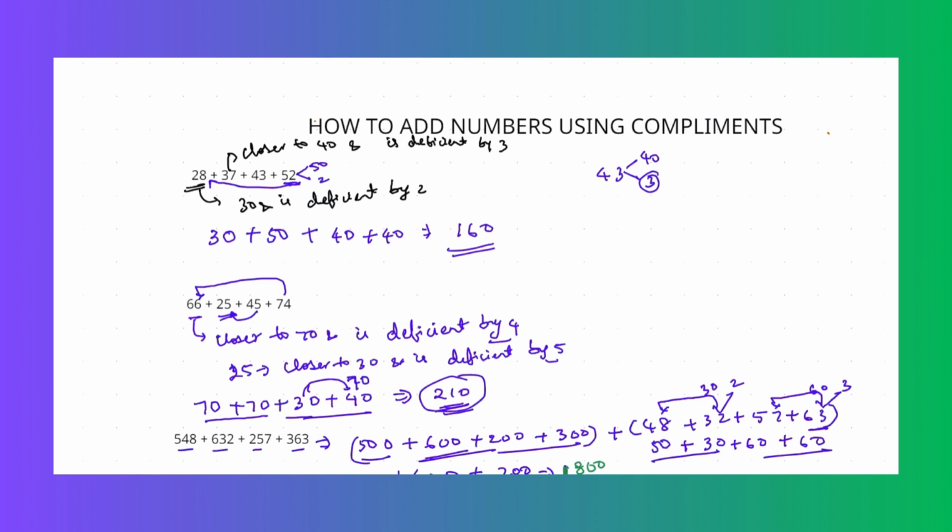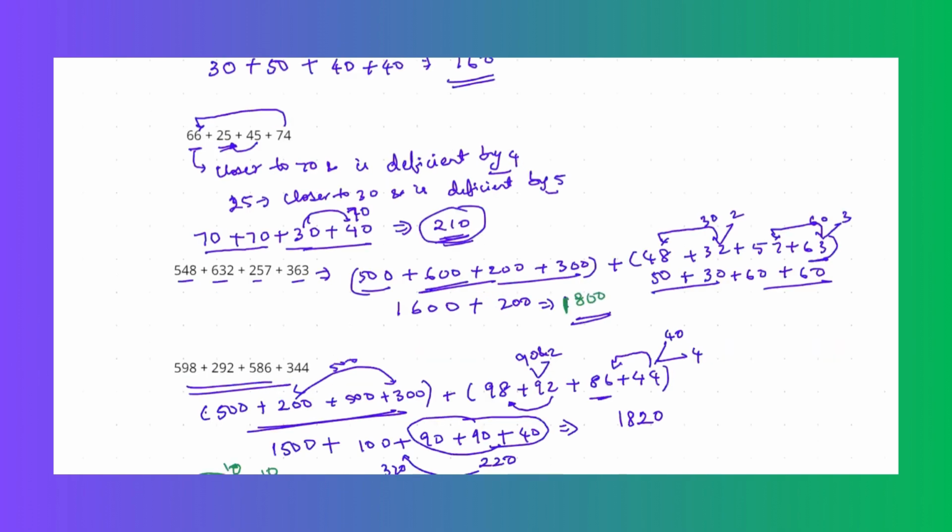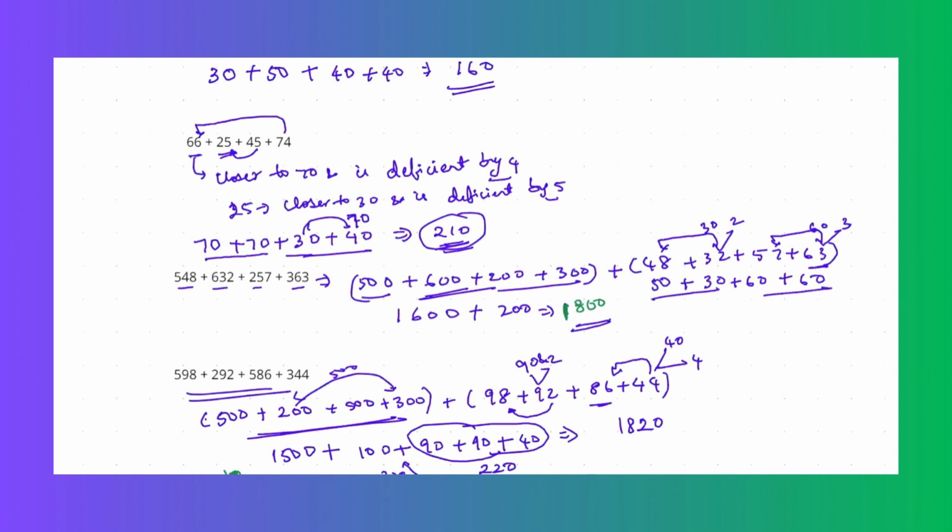Now, the next example: 66 plus 25 plus 45 plus 74. 66 is closer to 70 and is deficient by 4. And 25 is closer to 30 and is deficient by 5. What is the relation between 66 and 74?